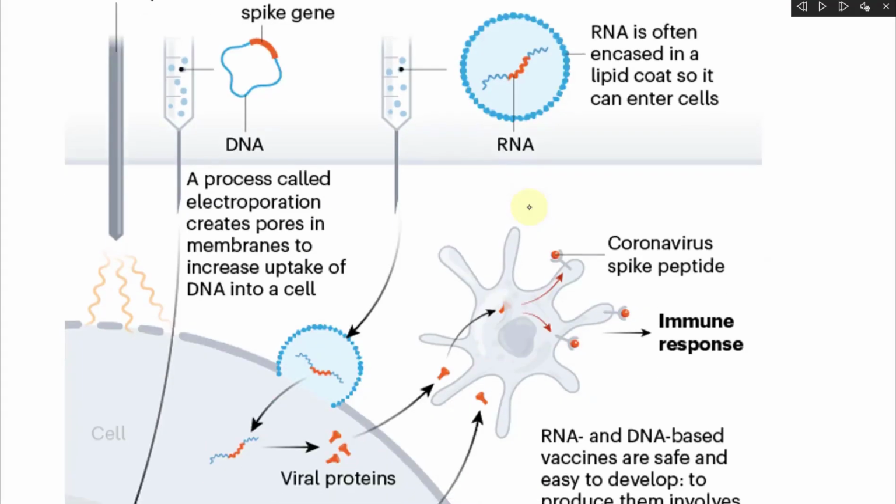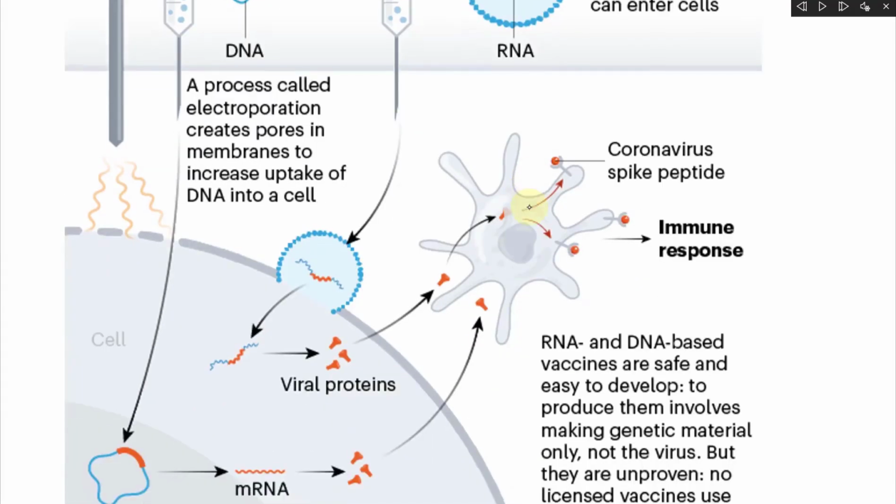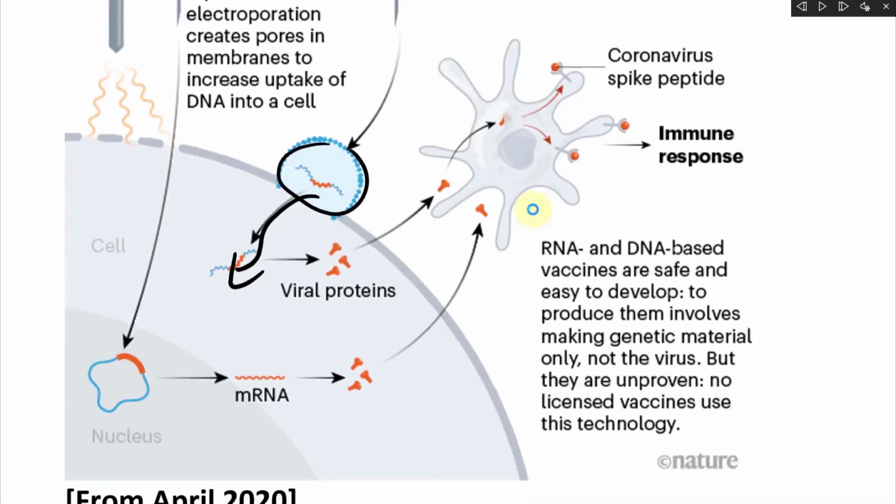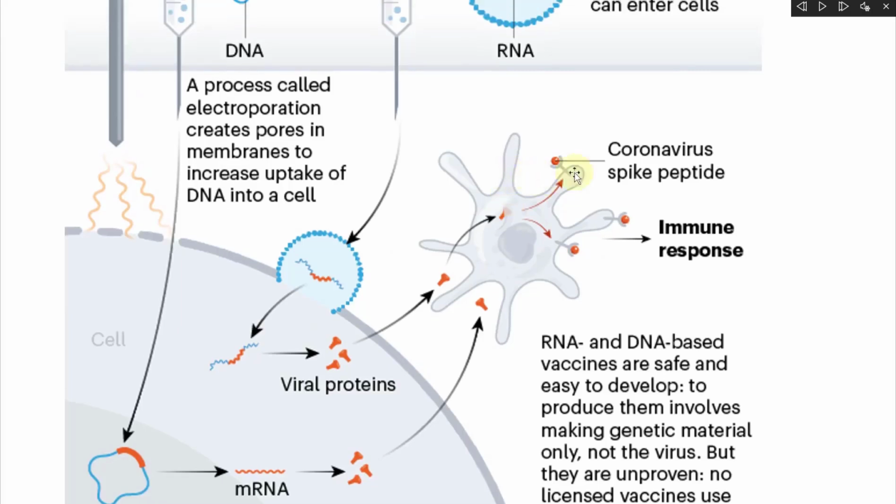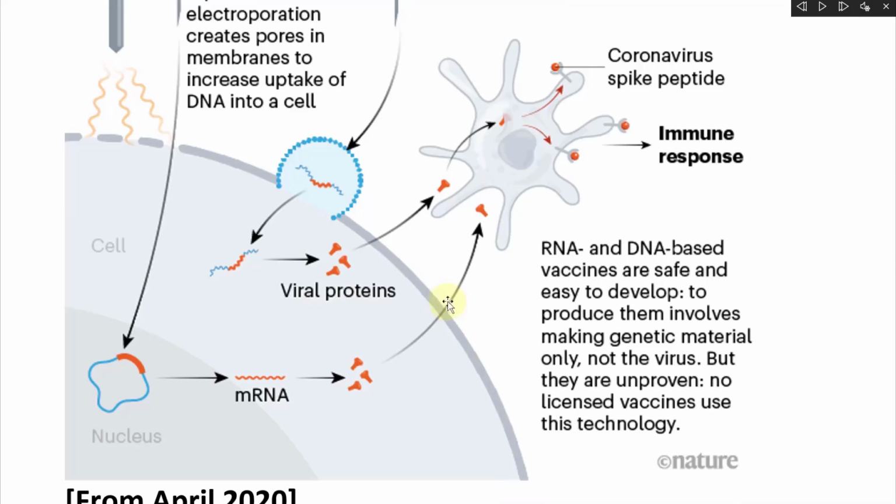You put that in, and then you inject it, and this goes in because it has that lipid layer. It connects to the cell, and then they can deliver this inside. Then this goes to the ribosome and translates into proteins. So the viral proteins go over here, and there's a coronavirus spike peptide on the antigen-presenting cell that engulfs these. And then again, you get an immune response.